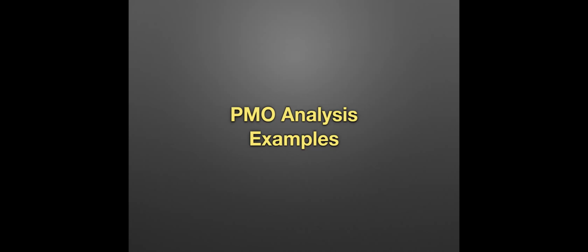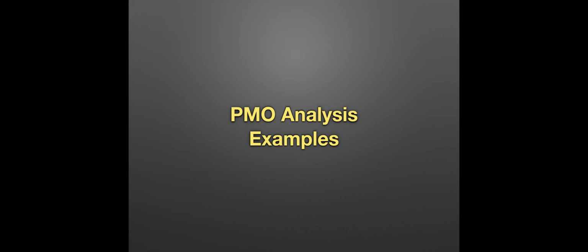So let's look at some examples, and we're going to look at a ton of examples because I'm getting through this pretty quickly. So we'll have lots to look at here to give you a really good sense of the PMO and how you can use it. Now, I will say the PMO is available on stockcharts.com for sure. I believe it is also available on many of the other trading platforms.